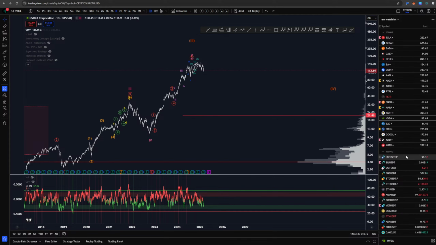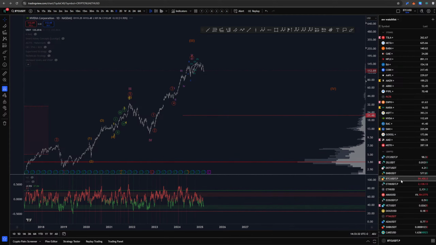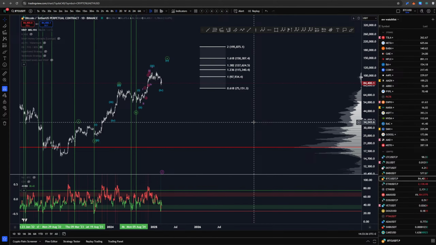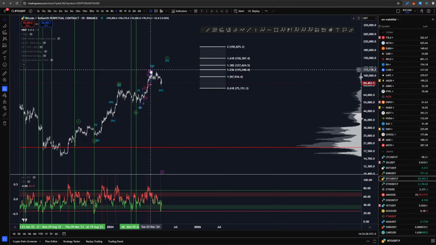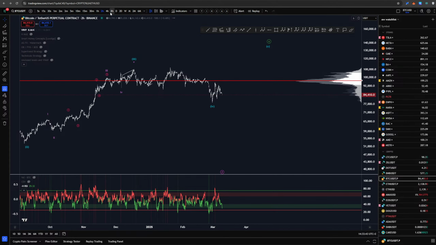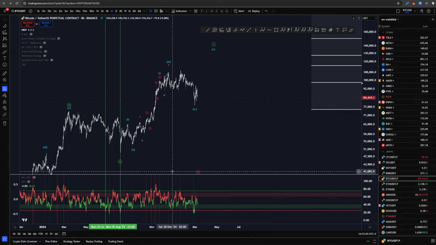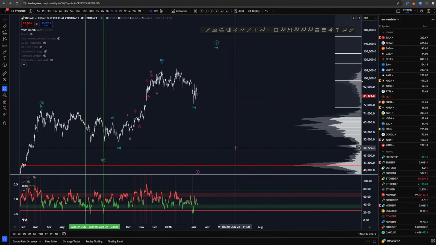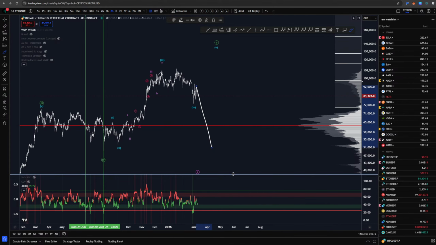Check out some of the crypto. Bitcoin, we still had this count. Possible that fifth wave is already done, but I'm still liking one more up. I've been saying this for quite some time, but I'm liking this to be the top. But it might be it just catches me off guard, and it just breaks down here.